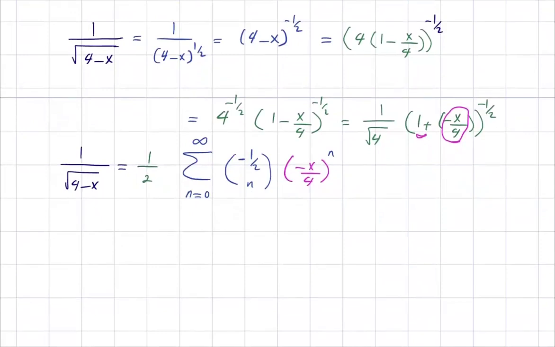This guy can be written as a half times. So we need to plug in 0, then plug in 1, then plug in 2, and so on. See what we have. If you plug in 0 for n equal to 0, you have negative a half, choose 0, and then you have negative x divided by 4 to power 0.